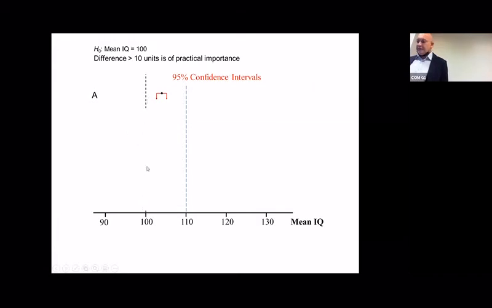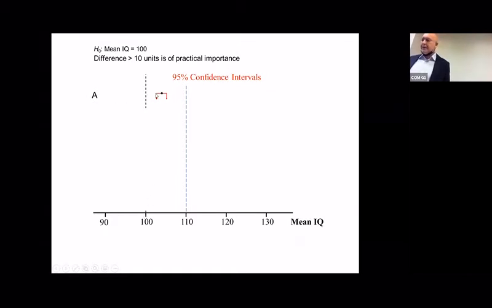We're interested in a 10-unit increase. So let's say we're doing a study where we're giving vitamins to children for a year, and then we measure their IQ after a year of these vitamins. If it gets up to 110 or more, then that would suggest that the vitamins are helping their intelligence. If it's close to this 100, then it suggests the vitamins are not doing anything really.